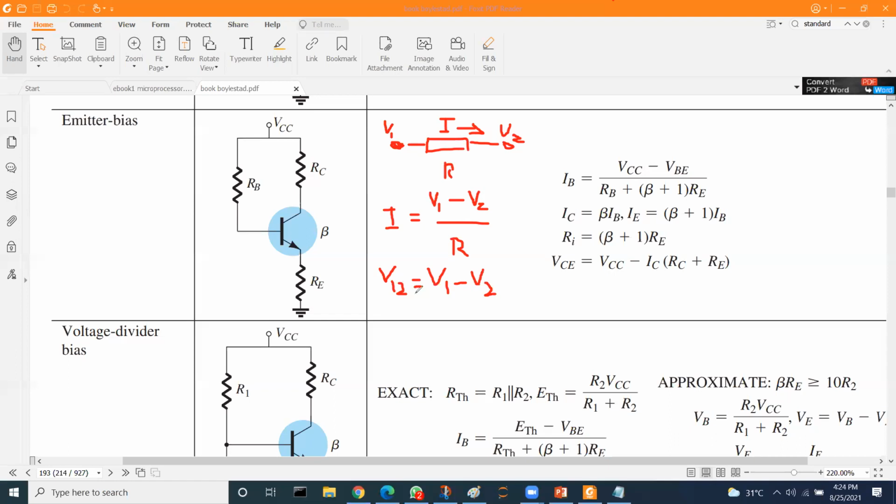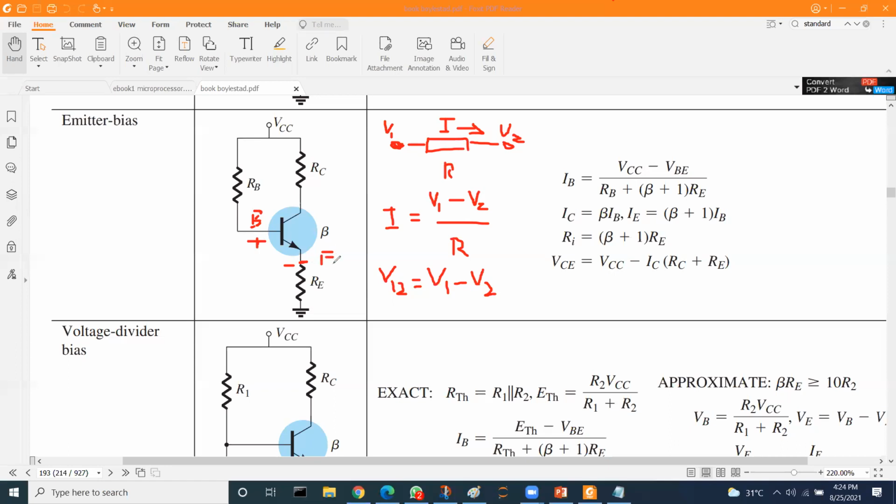A common application of this formula is when we find the potential difference between the base terminal and the emitter terminal.